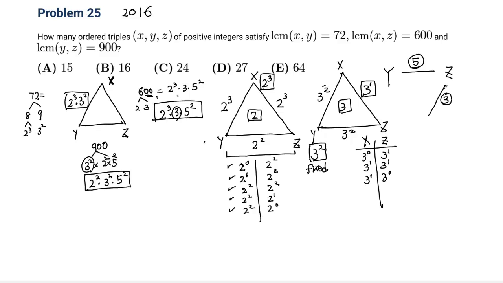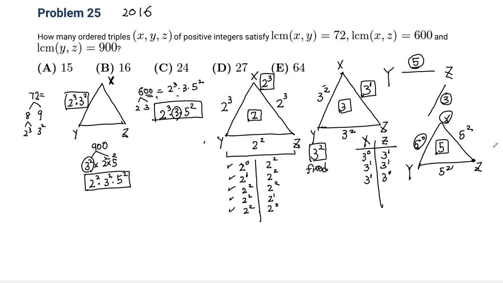Okay, now I'm going to use the factor 5 over here. X, y, g. Factor of 5. What happened in these numbers? Between x and y, nothing. Between x and g is 5 squared. Over here they don't have any factor of 5.